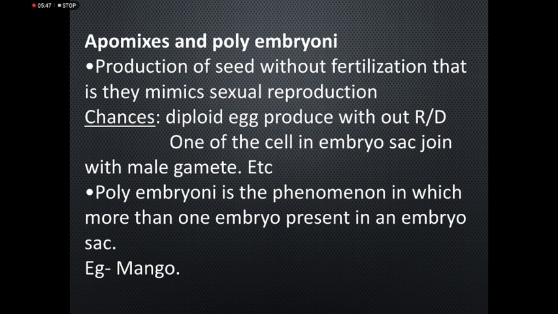The chances are a diploid egg is produced without reduction division, or one of the cells in the embryo sac joins with the male gamete, etc. Actually, we know that one male gamete fuses with the egg and produces zygote, and zygote is converted as embryo, etc. While in some plants, a diploid egg is present.